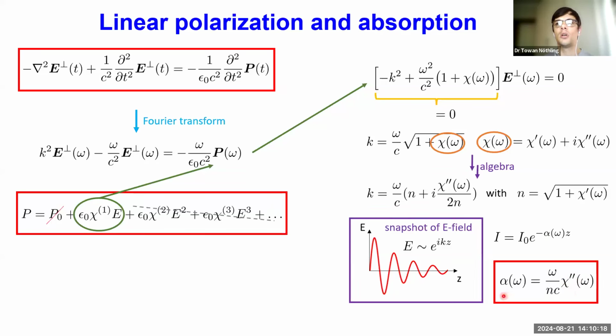In other words, we can get spectroscopic information, the absorption coefficient, from the susceptibility, more specifically from the imaginary part of the susceptibility. This result specifically holds for first order polarization, but as we will see later, it also holds in general. We can get spectroscopic information from the susceptibility.